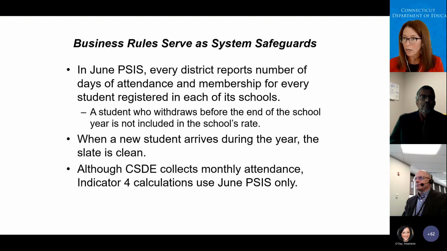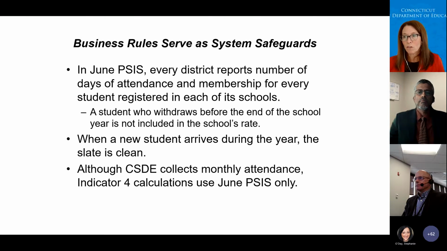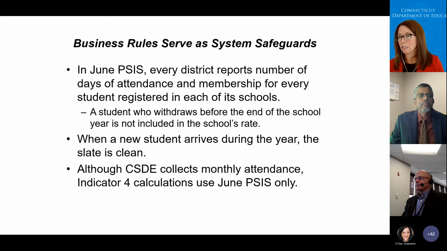So you're not inheriting this chronic absenteeism status. Certainly the student has attendance behaviors that are important and that need to be addressed, but the data are not going to be reflected in the receiving school's chronic absenteeism calculation in June.